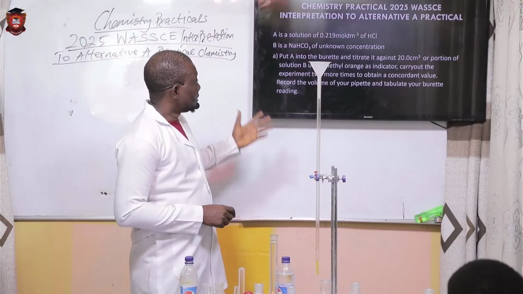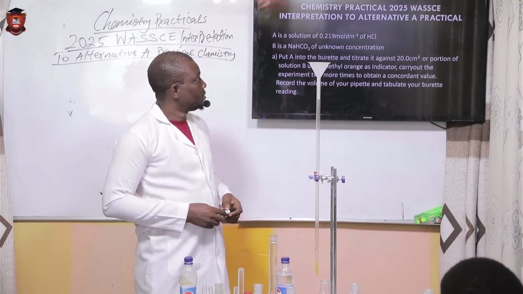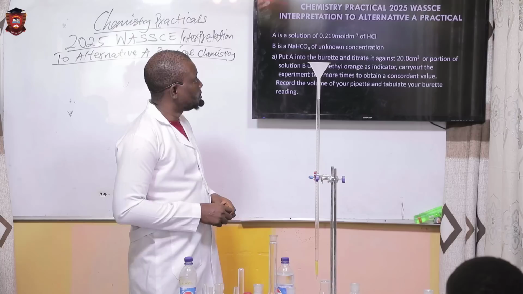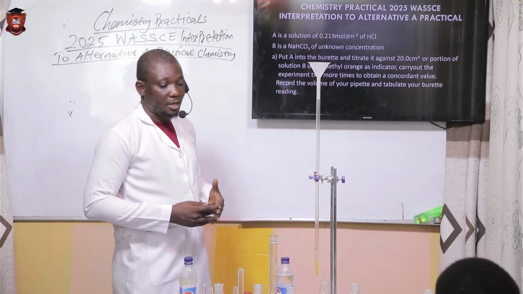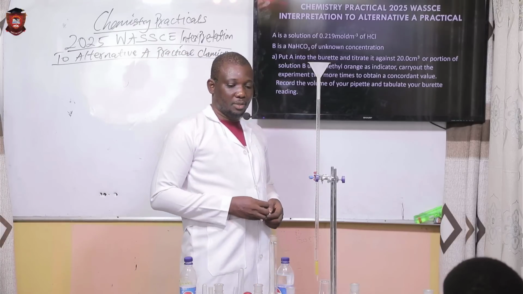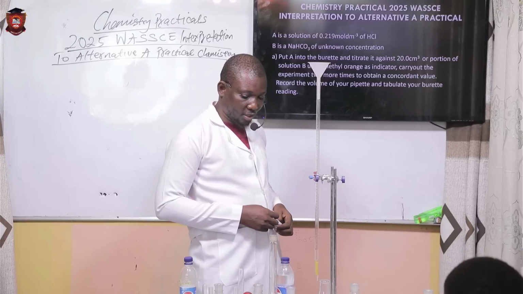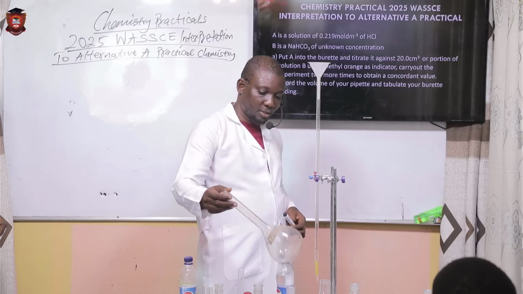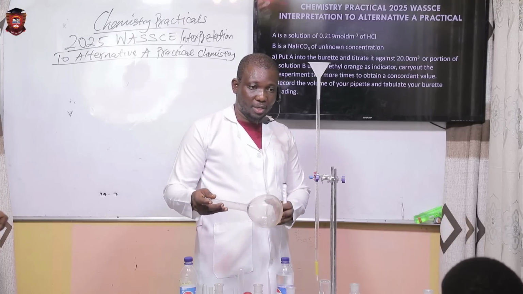So the question here says A, there is an information here, kind of background. A is a solution of 0.219 mole per dm³. You already know that A has already been prepared. So this is the first step in this practical. You have what they call a volumetric flask here.